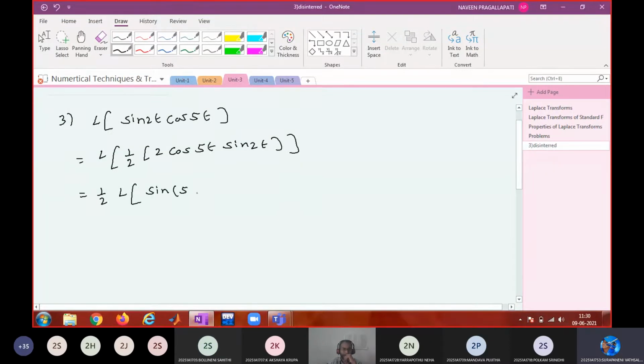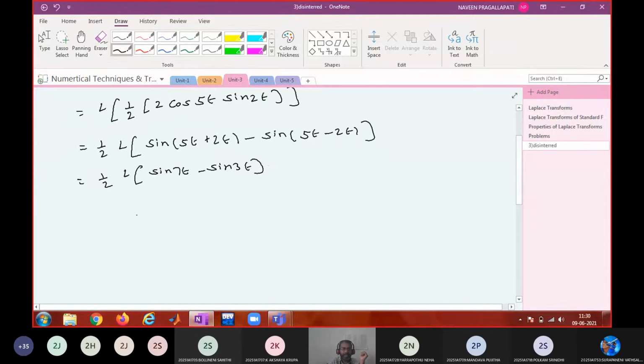Minus, sir. So sine of 5t plus 2t minus sine of 5t minus 2t. Agreed? Yes, sir. So this is 1 by 2 times the Laplace of sine 7t minus sine 3t.